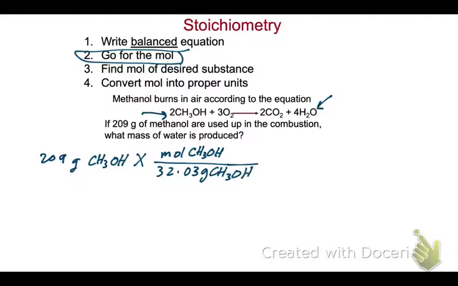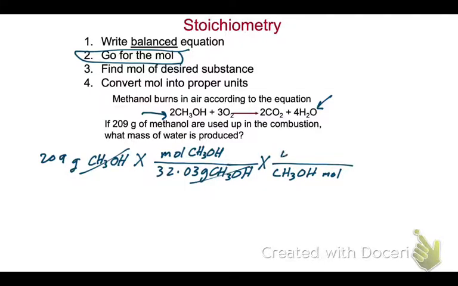Now I want to go to water. So what I do is take the mole to mole ratio. Right? The grams of methanol cancel out. I want to cancel moles of methanol, and I want to get moles of water using the mole to mole ratio.